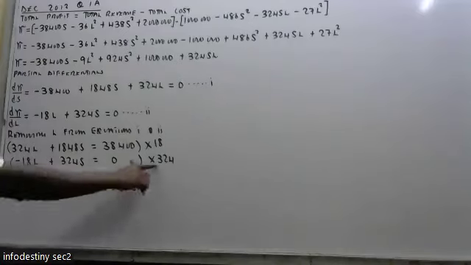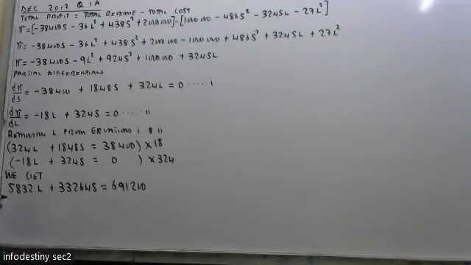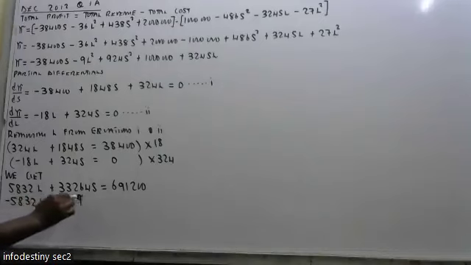Then this times this obviously will be negative 5832L, plus 324 times 324, 104976S. That is equal to 0.